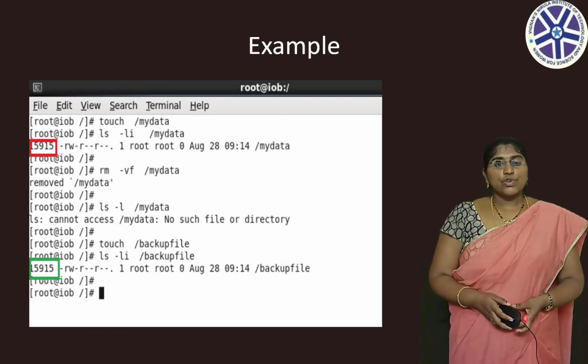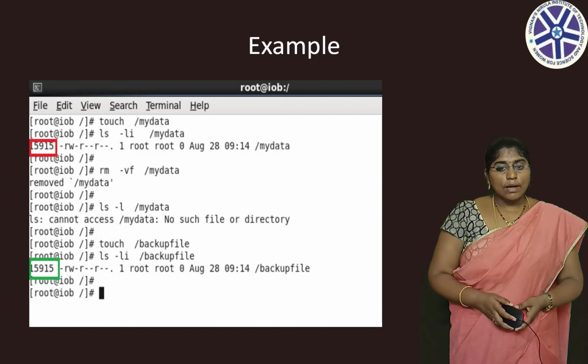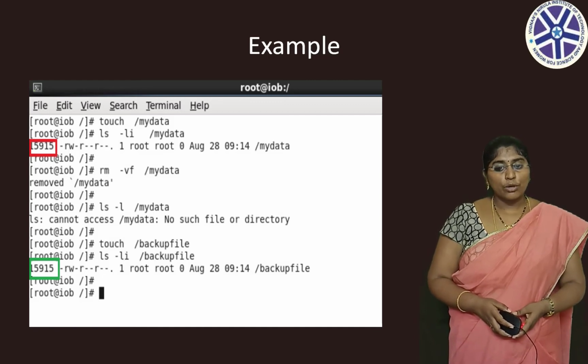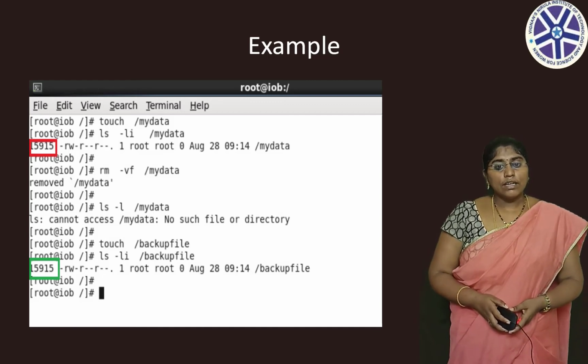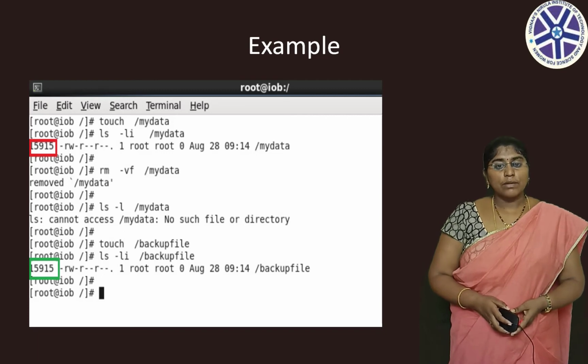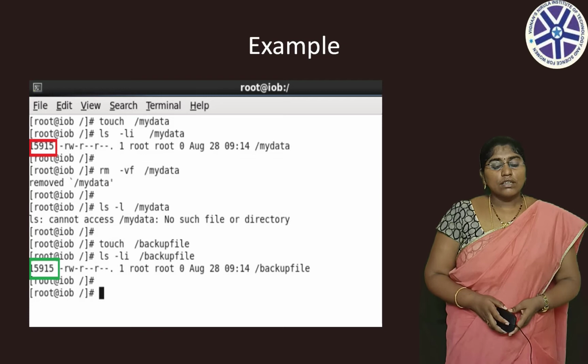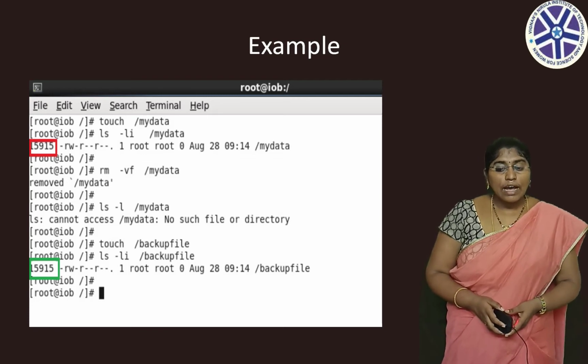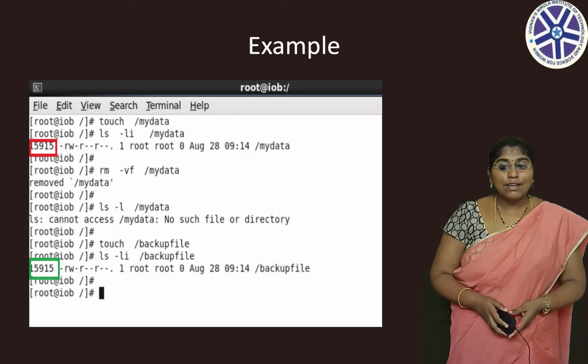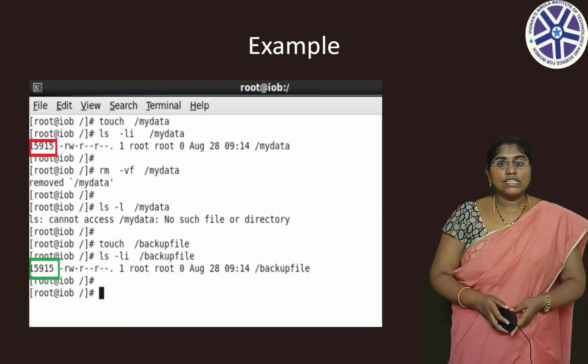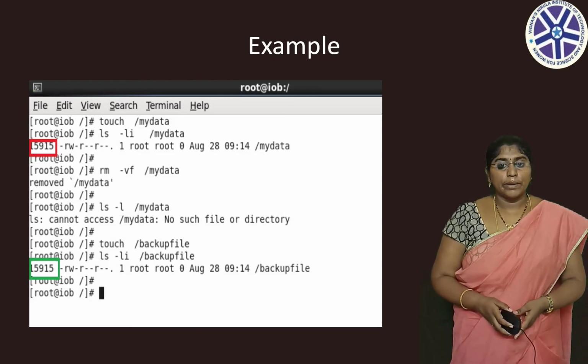Next you can use the command ls -il on the my data file. Then by using the ls -il command, you can get the inode number of the my data file. So this is the example of inode number.